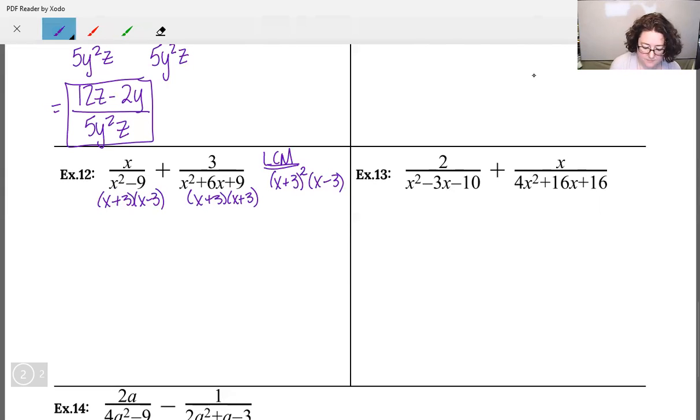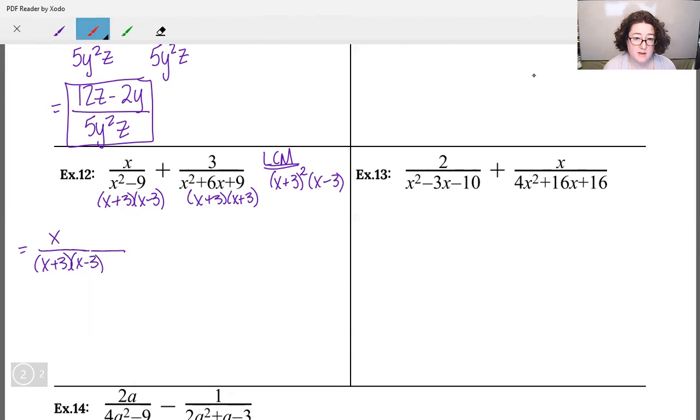Here we go. So the original problem was x over, and actually let me write it this way, x over x plus 3, x minus 3. So the thing that we're missing from our least common multiple or least common denominator is the extra x plus 3. So I'm going to multiply that in. Alrighty, second expression.